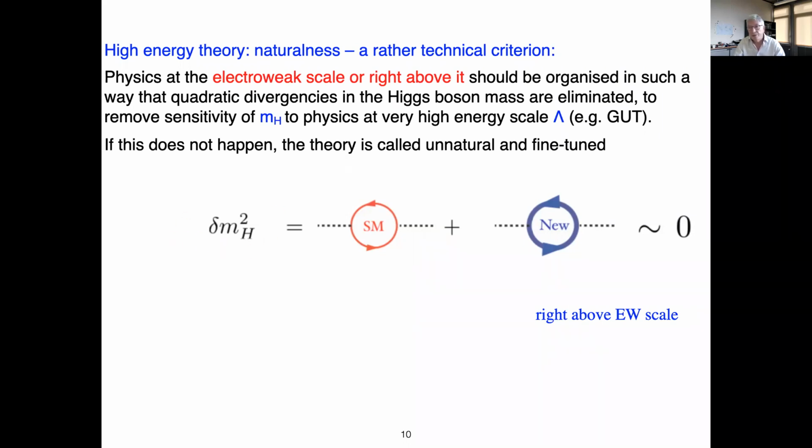We have the mass of the Higgs boson, and we compute corrections to it in the standard model. The main contribution comes from the top loop. The top quark loop is quadratically divergent, and so we can think that there is some new physics coming right above the electroweak scale in such a way that the contributions of the standard model and of the new physics compensate each other, and there is no large contribution to the Higgs mass.